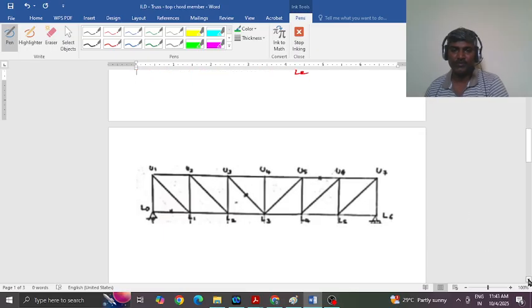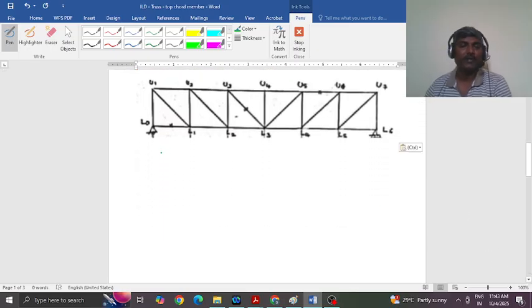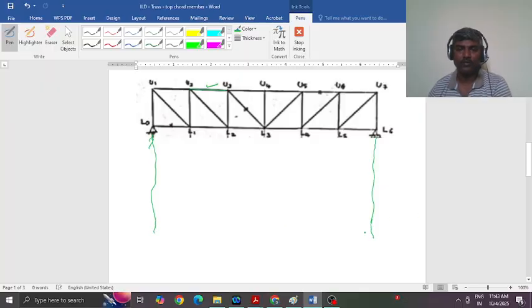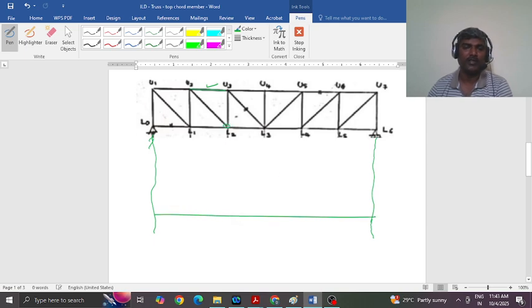Now we need to plot the ILD for this member U2 U3. So it is following the ILD for bending moment at this point.